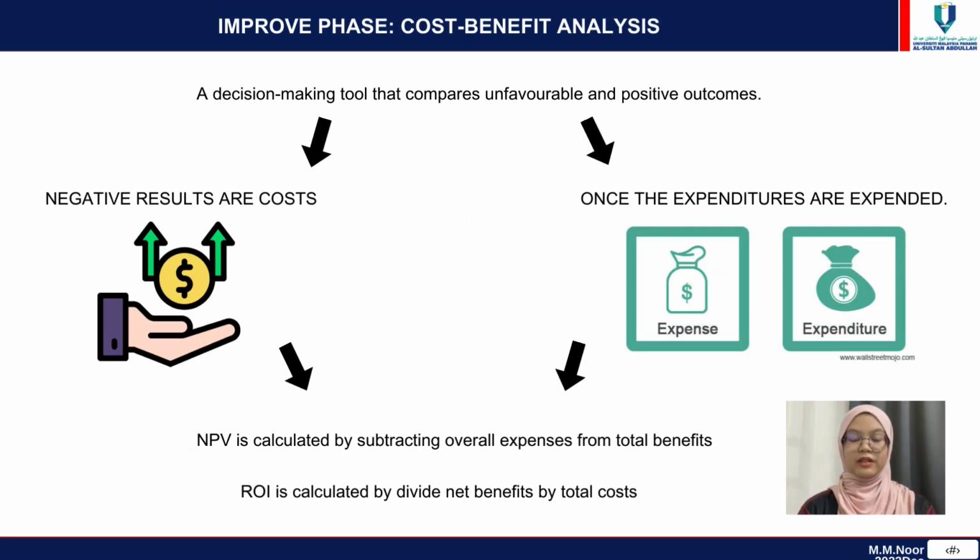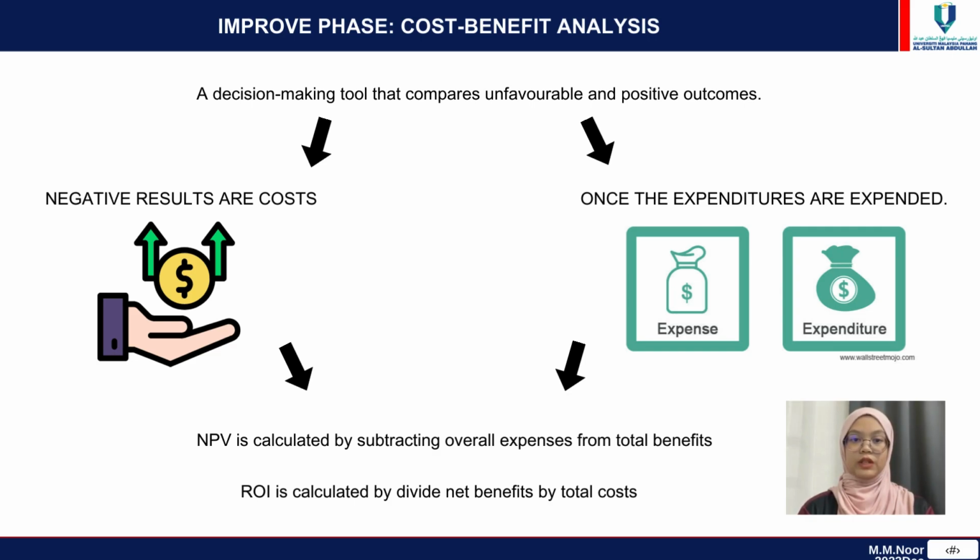Besides that, a cost-benefit analysis is essentially a decision-making tool that compares unfavorable and positive outcomes. In this situation, negative results are costs and positive results are the advantages that will be realized once the expenditure is spent.